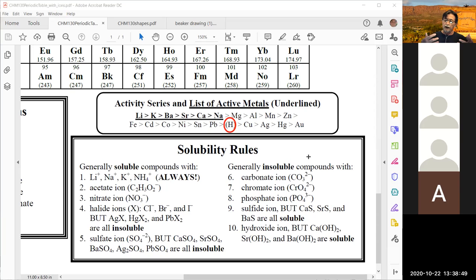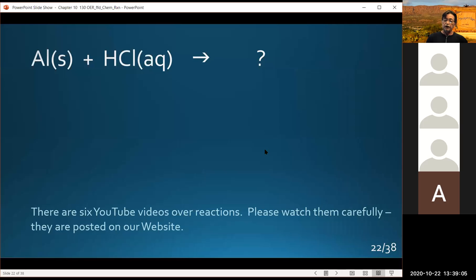The ionic hydrogen could be in the form of a proton, or it could be in the form of water. So you proceed with the same scenario, asking the same question. In this case we're comparing aluminum with hydrogen. And the question is, would this reaction proceed?